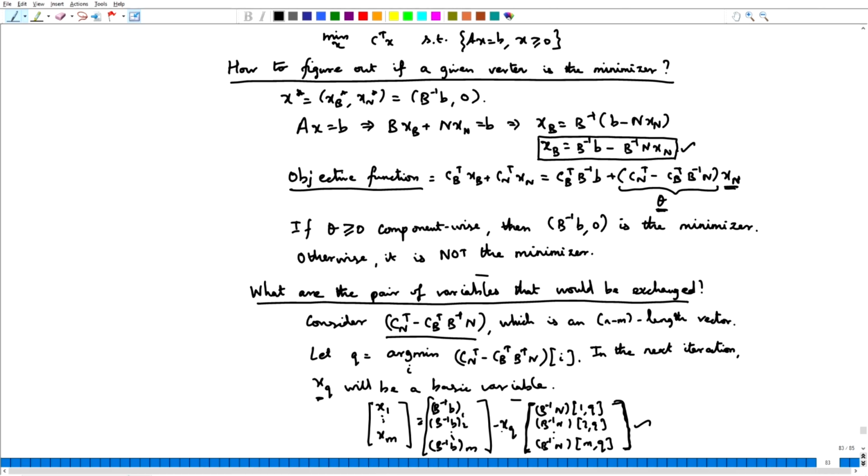So, what happens if you increase x q from 0? You can see that all of this becomes positive, or actually non negative. That means as you increase x q, the values of x1 dot dot dot xm keep on increasing. So, there is certainly no bound for the values of x1 to xm, and because of which the objective function becomes unbounded.